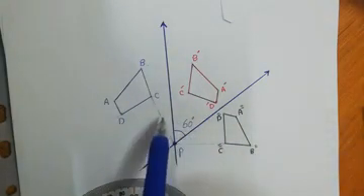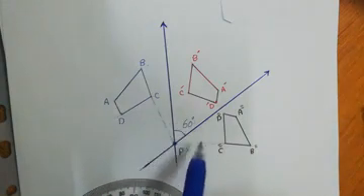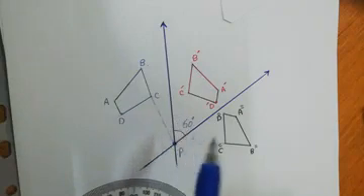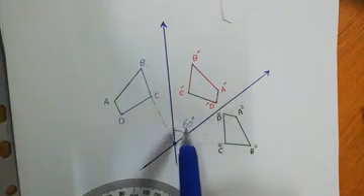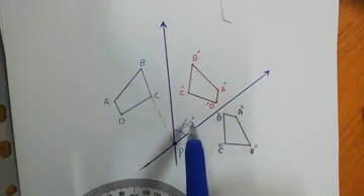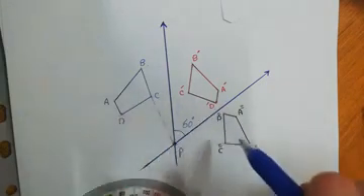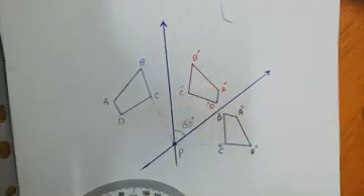And the measure of this angle, the angle of rotation, is double the measure of the angle in between the two intersecting lines. So I can get a rotation from two reflections.